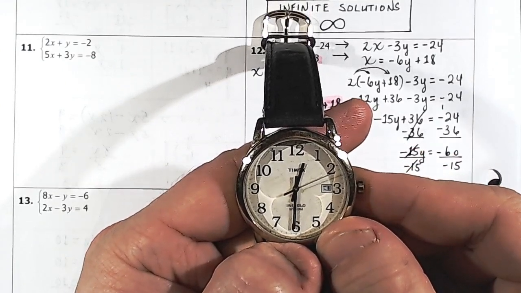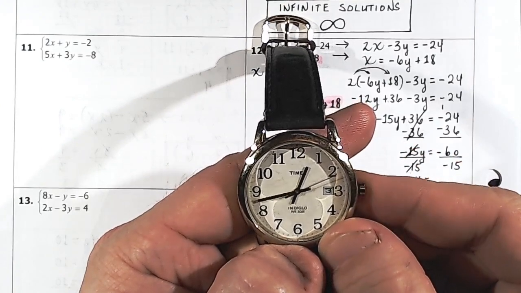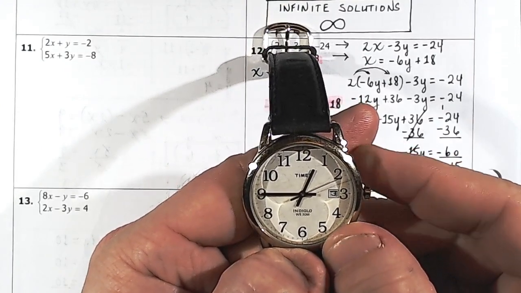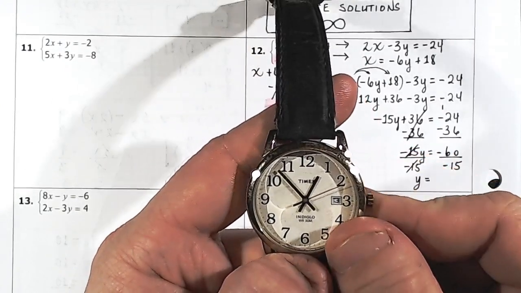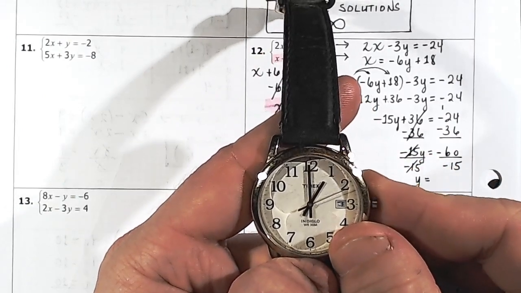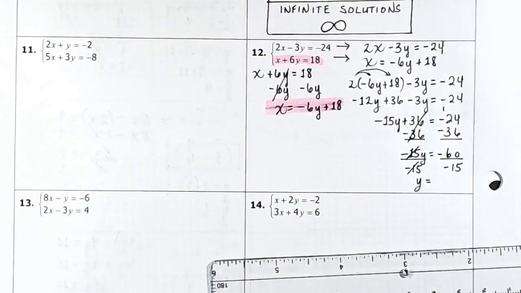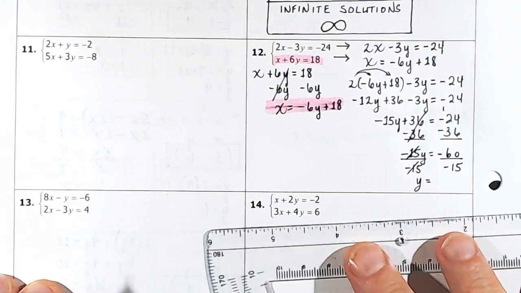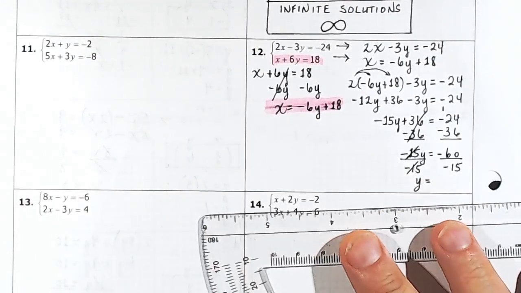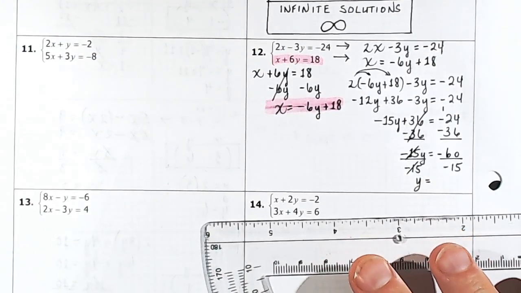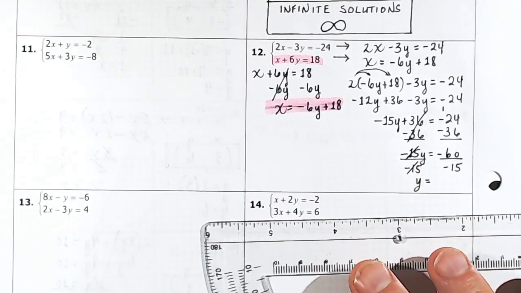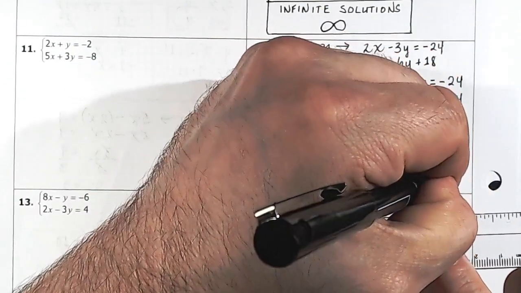We're at 2/4 of an hour. 45 minutes has passed. 3/4 of an hour. And there, a whole hour passed. 4/4. So 60 divided by 15 is 4. Negative 60 divided by negative 15. A negative divided by a negative is a positive. So negative 60 divided by negative 15 is positive 4.